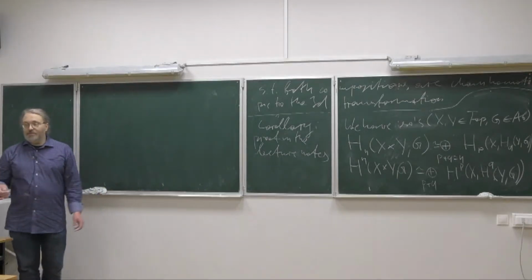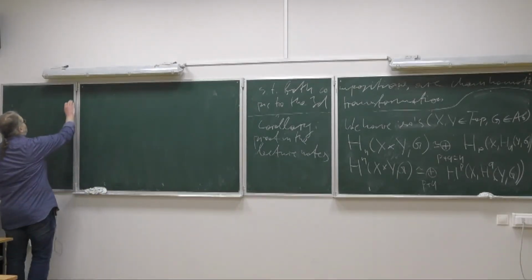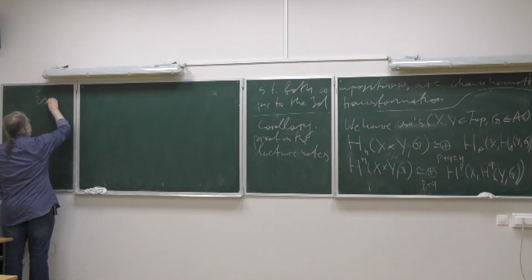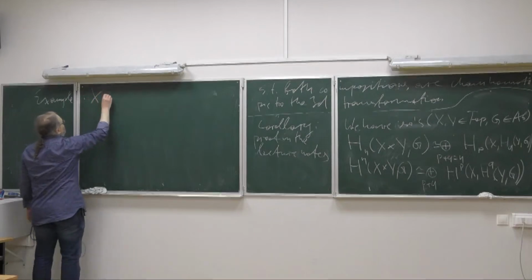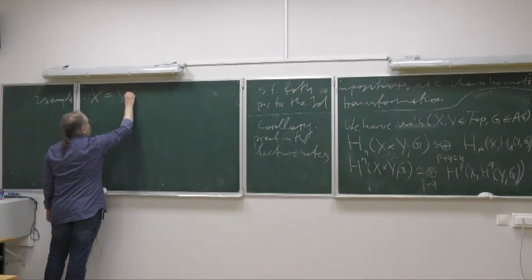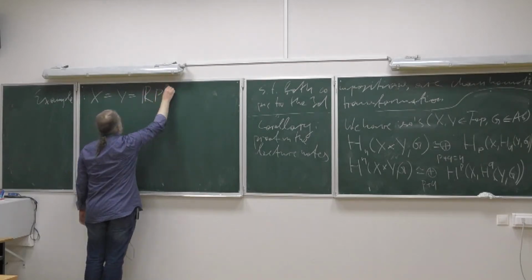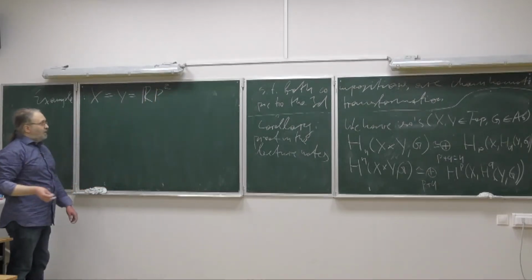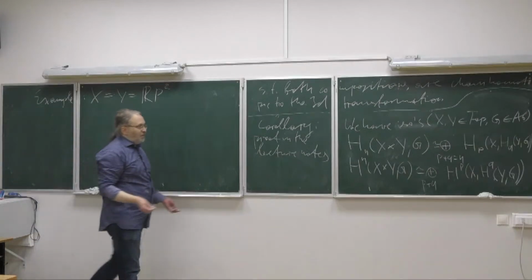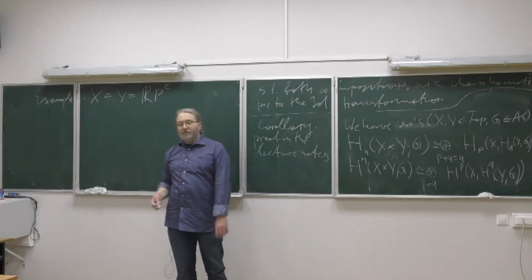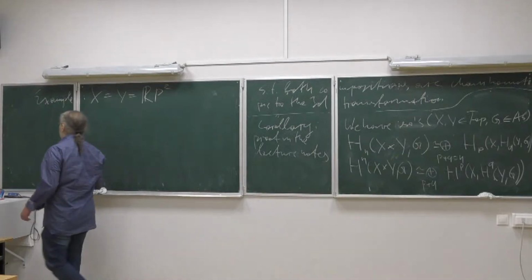Let's do an example. Let's take X equal Y equal RP2. First of all, we need to calculate the homology of RP2.